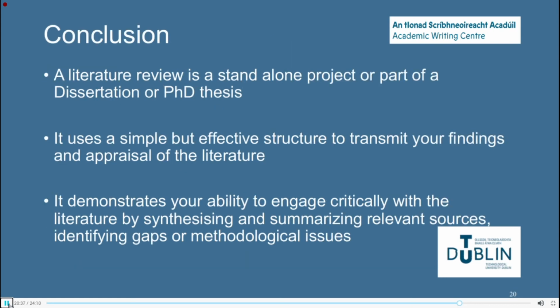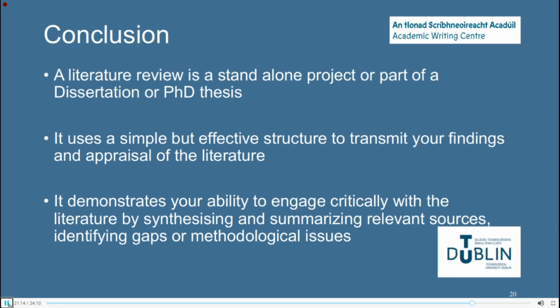So we're coming to the end of this presentation, and in order to conclude, just a few reminders and take-home messages. As we were saying, a literature review can be a standalone project or a part of a dissertation or a PhD thesis. It uses a structure to transmit your findings and to provide the reader with a clear direction on how to follow your discussion.